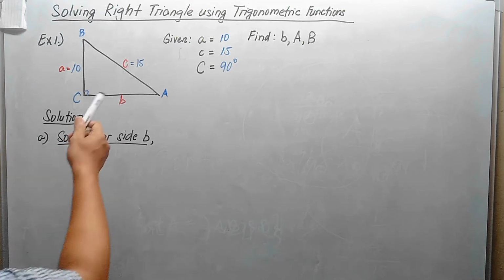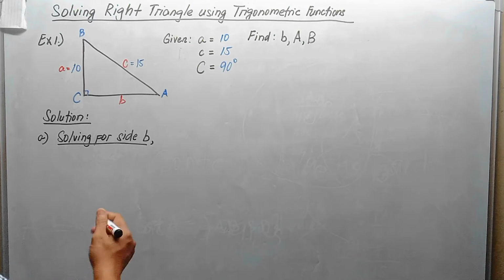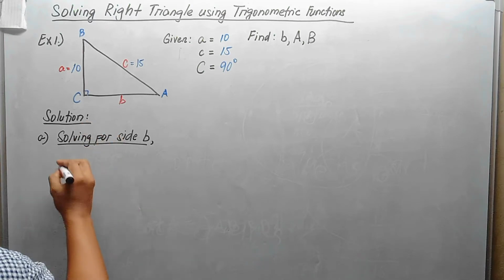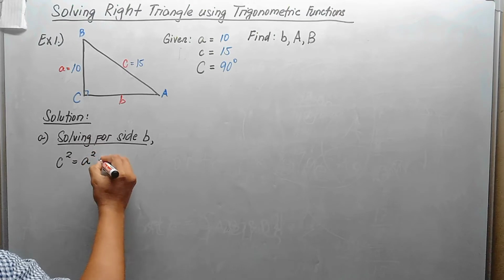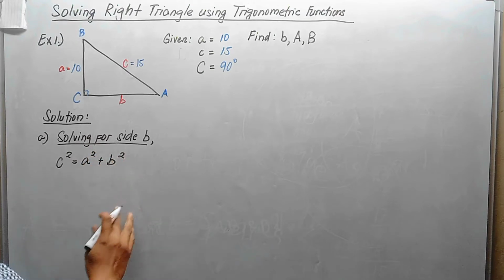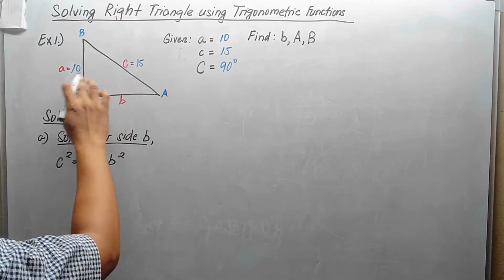So in solving this one, as we know, the standard equation for Pythagorean is C squared equals A squared plus B squared. Okay? So substitute the values, guys.